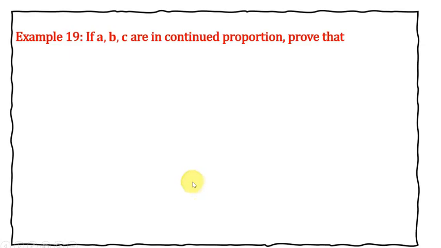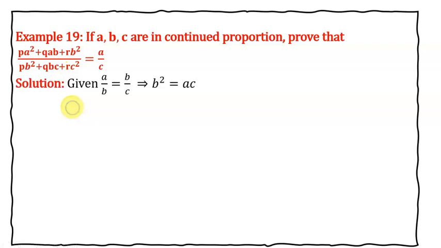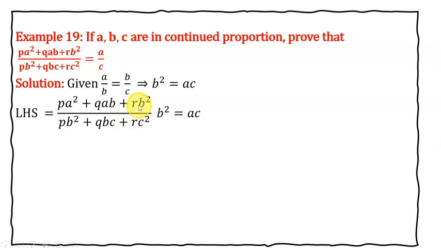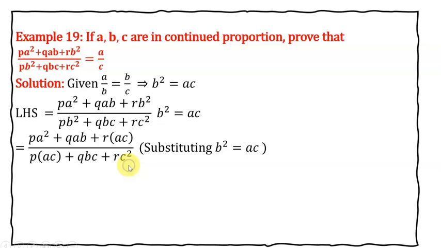Now next, if a, b, c are in continued proportion, then prove that (pa square plus qab plus rb square) upon (pb square plus qbc plus rc square) is equal to a upon c. As a, b, c are in continued proportion, you will have b square is equal to ac. Substitute the value of b square as ac.